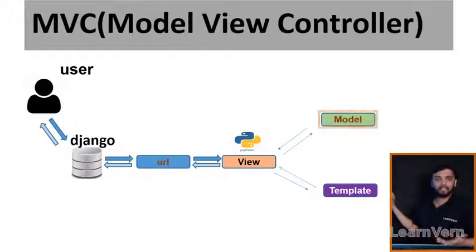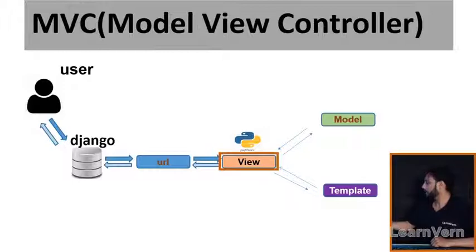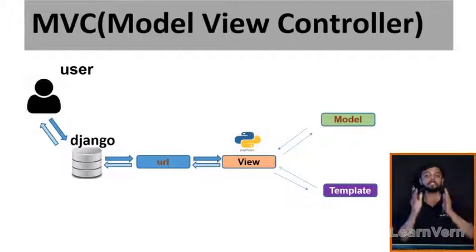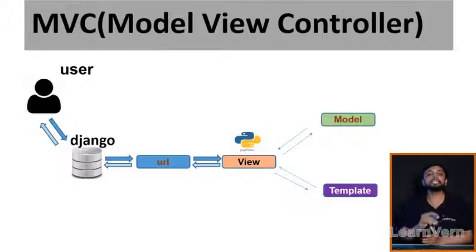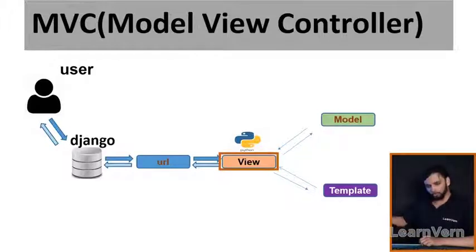Model, as I have said earlier, provides the backend support of our web application. View provides the user interface which we will see in our browser, in our web app or a desktop app. And template or controller provides the interface between model and view.